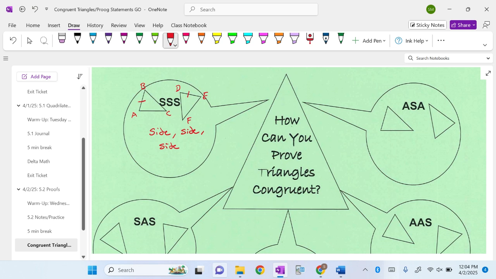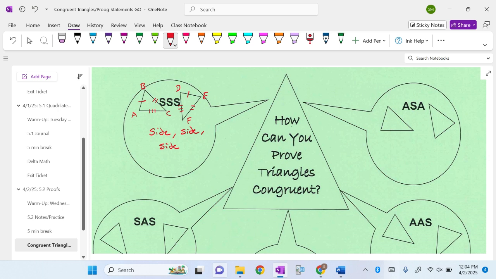BC is the same as EF, so these two are congruent. And then these three are congruent. If you have 3 sets of congruent sides, then those two triangles are congruent by side, side, side.